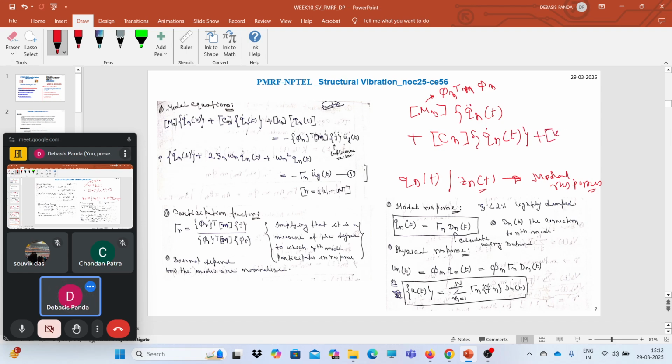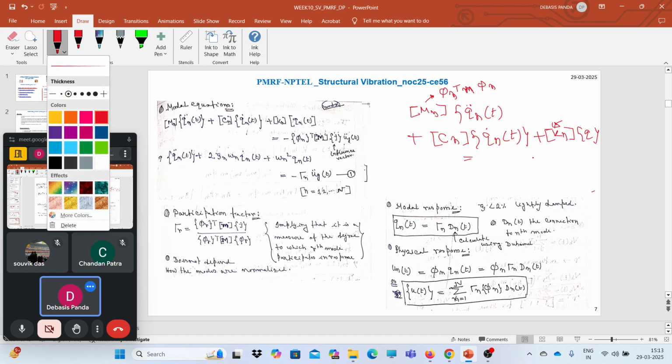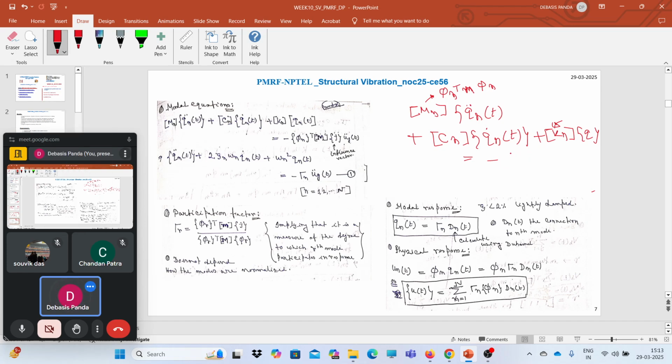plus kn. That kn is nothing but omega n square, the diagonal of the squares of the natural frequencies corresponding to the particular mode, kn into q, equals minus phi n, because we have already used phi transpose m phi, so we need to multiply it with phi transpose.